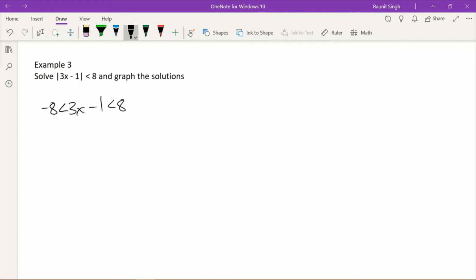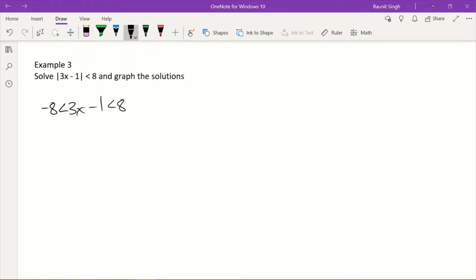Or you could just do 3x minus 1 is greater than negative 8, and then 3x minus 1 is less than 8. And then you could just solve for x.